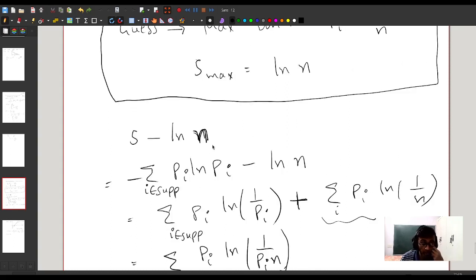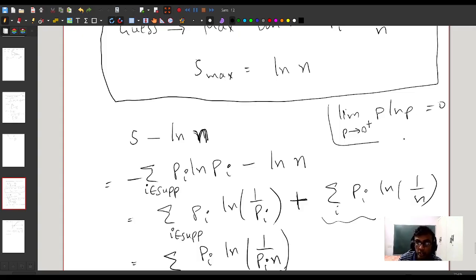If there are any i's with pi being 0, those do not contribute to this summation, this entropy, because the limit as p goes to 0 from the positive side, p ln p is 0.